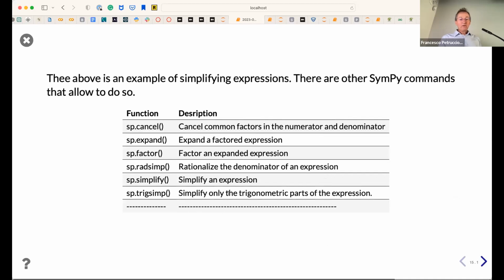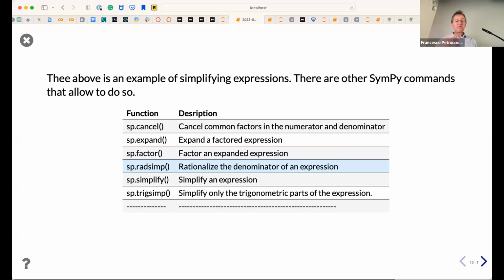There are many other functions to simplify expressions. For instance, if you want to cancel a common factor in the numerator and denominator, you can use cancel. Expand we saw, factor we saw. You can use radsimp if you want to rationalize some expression.